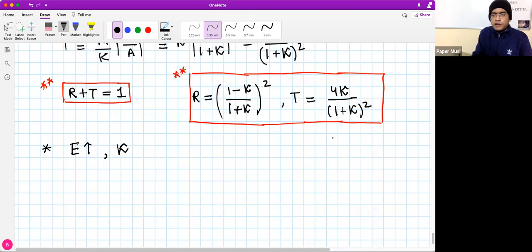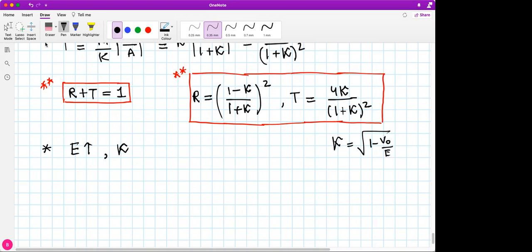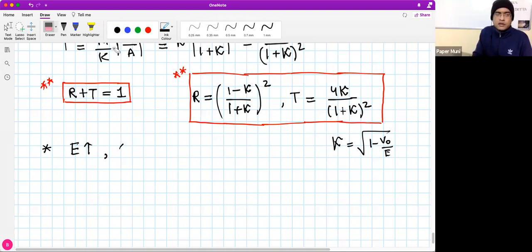Kappa is equal to the square root of 1 minus V naught by E. So as energy increases, V naught by E reduces. What happens to kappa? Energy increases, so kappa increases.